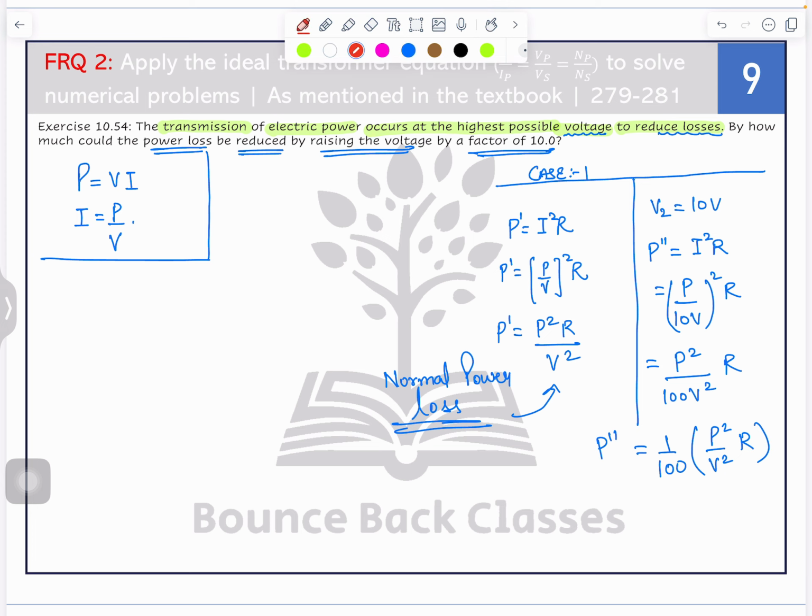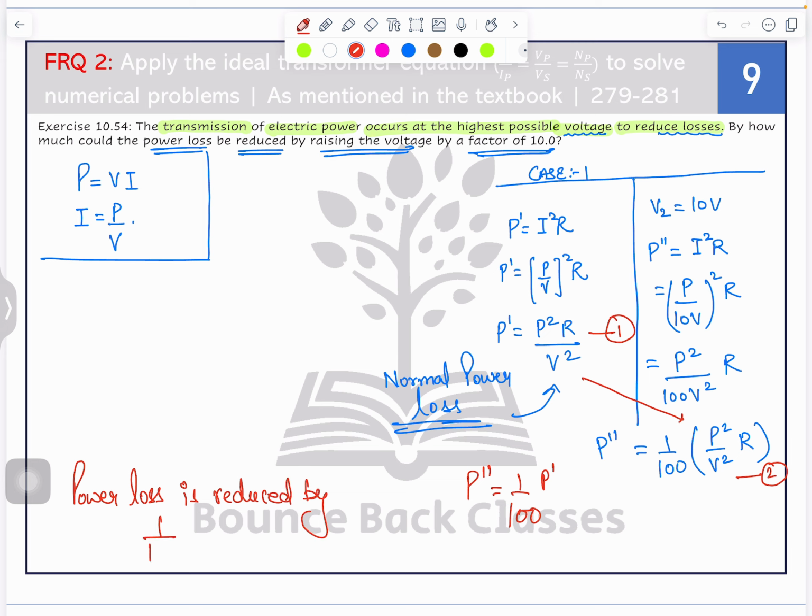So from 1 and 2, this is your equation 1, this is your equation number 2. Can I say P double dash is equals to 1 over 100 P dash. So can I say the power loss is reduced by 1 by 100 times of initial value.